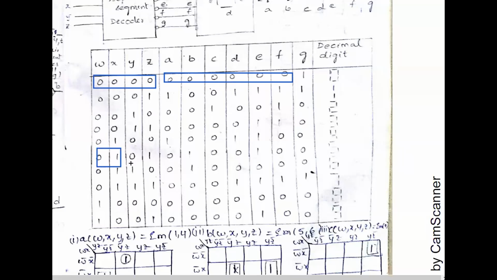Similarly, to glow digit 5, 0101 అంటే ఏమవుతుంది, నాకు 5 గ్లో అవ్వాలంటే ఏం కావాలి, the LED A is 0, C, D is 0 and F is 0 and G also. Only the segments B and E have to be in the off state.